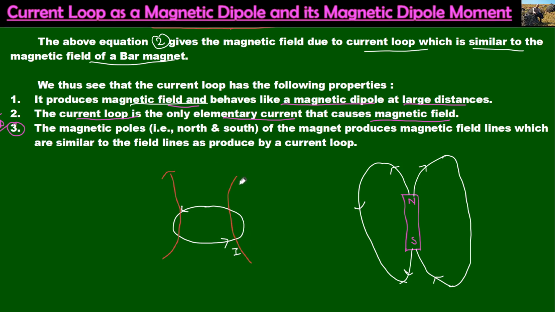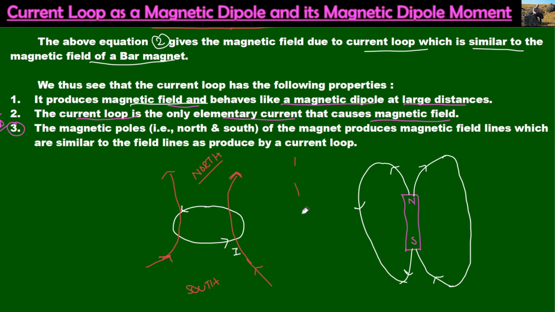So this will be the direction of my magnetic field, which means that the upper portion of the coil will behave as the north pole, whereby the direction of the magnetic field is vertically upward, and the lower part of the coil will behave as the south pole.